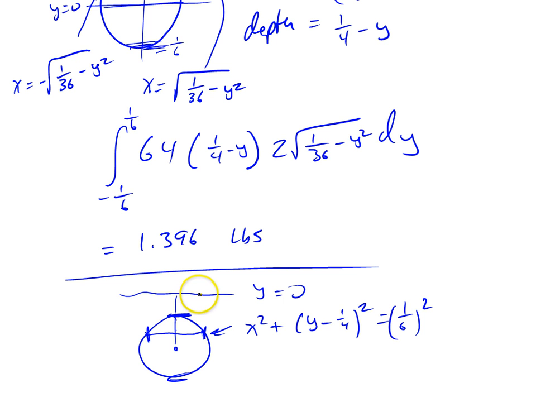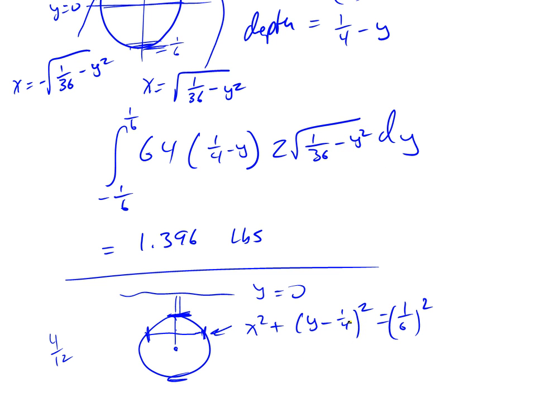So this would be 1/12, and then plus 4 inches, right? 4 inches, 4/12 would be 1/3. So you'd go from 1/12 to 1/12 plus 1/3, whatever that is, 5/12. So yeah, 1/12 to 5/12 with a y right there, and then a 2 times the square root, with, instead of a y, it's a y minus 1/4.